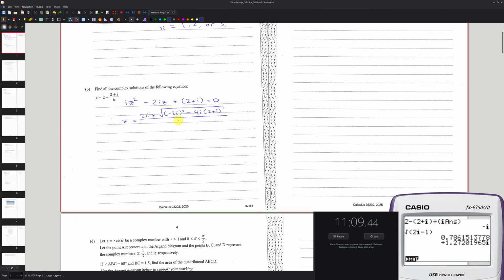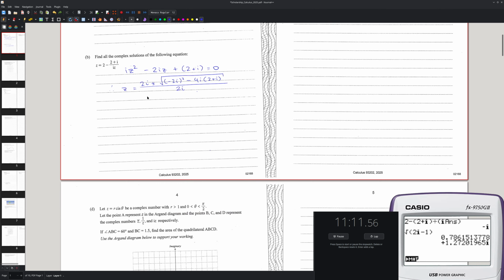Over 2i. Alright, okay. So 2i plus or minus the square root of. So what is negative 2i squared? That's minus 4. Yeah, that's what I said. Minus 4 minus 8i.